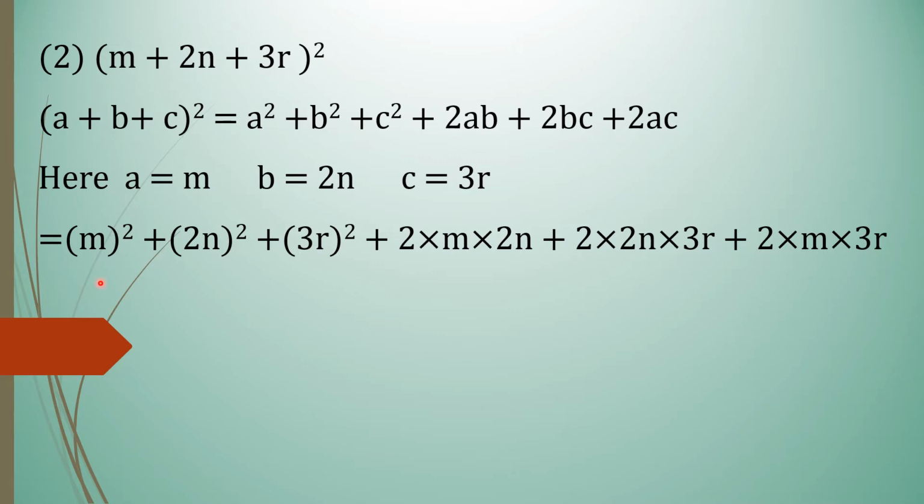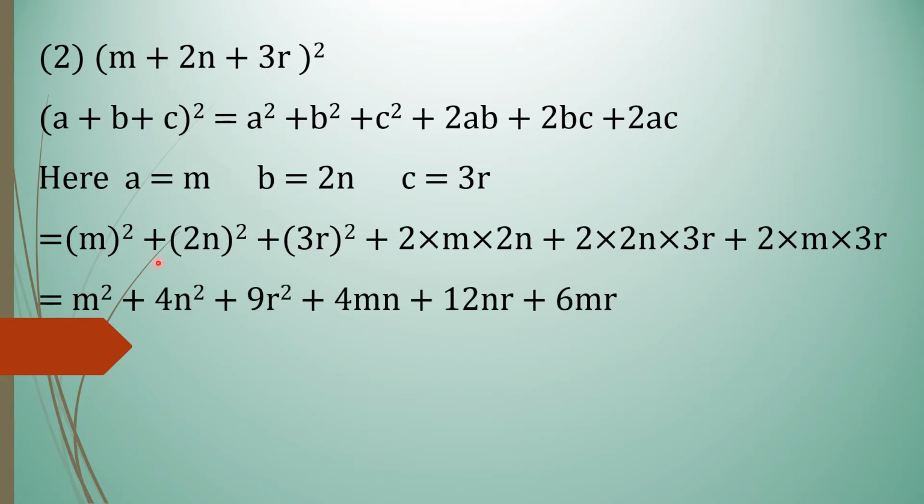So further we'll solve. Next step, m the whole square will become, students, m square plus (2n) the whole square will become 4n square plus (3r) the whole square will become 9r square, because 3 square is 9. r square, then the variable will get square. Plus we'll multiply this 2 into m into 2n. So first let's multiply the number. 2 into 2, 4, and m into n, mn.